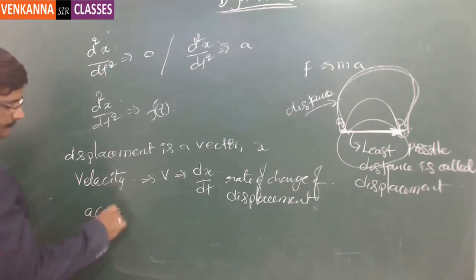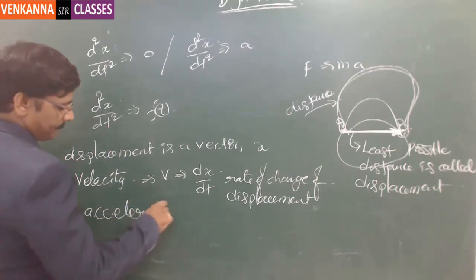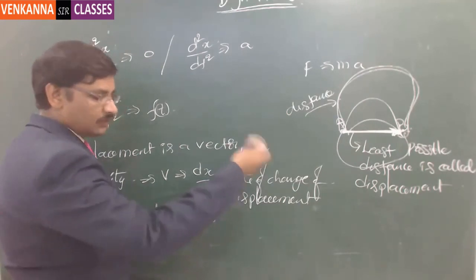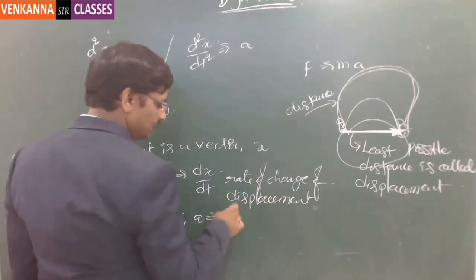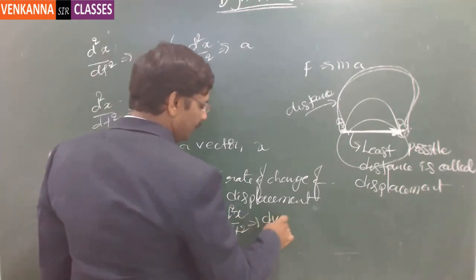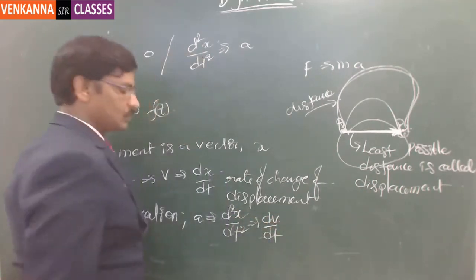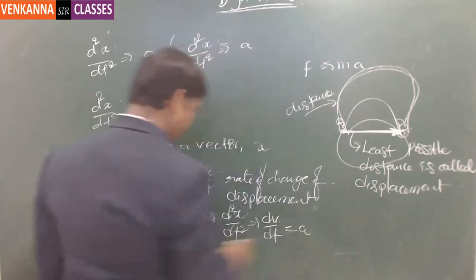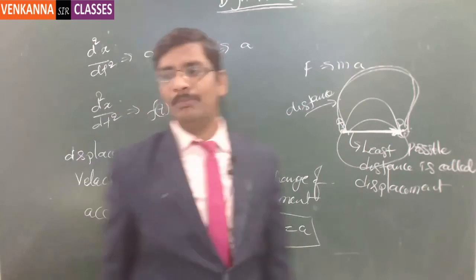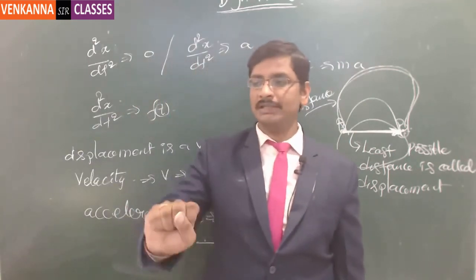And the acceleration A is defined as the rate at which the velocity is continuously changing, d square x by dt square or dv by dt. So this is what is called the acceleration A. Suppose when we are driving a bike, we push the accelerator like this.